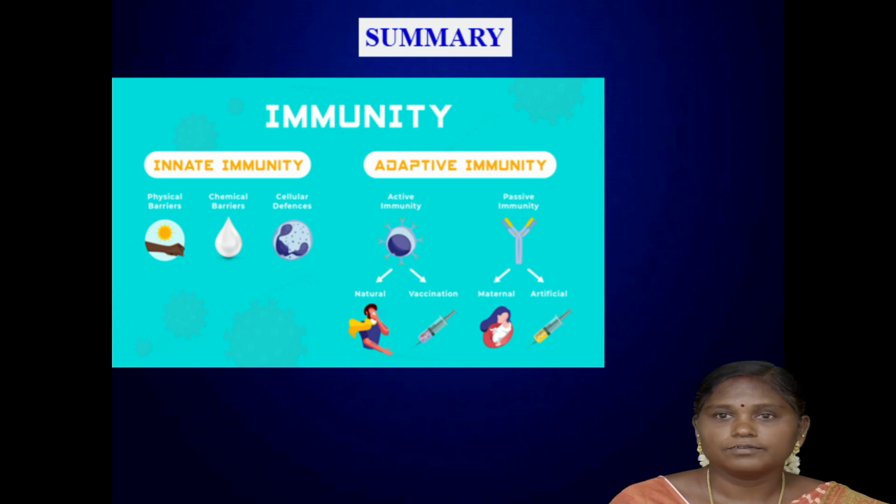Natural means our body naturally gets the immunity during the lifetime. Artificial means we artificially introduce immune cells into our body, and then they produce the immunity. That is called adaptive or acquired immunity.